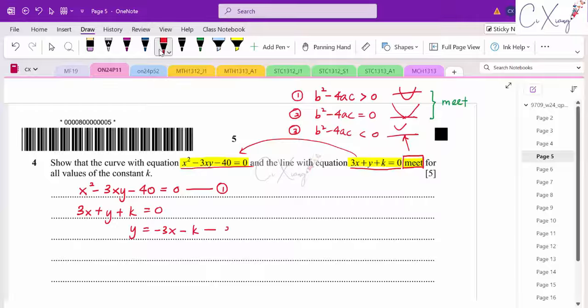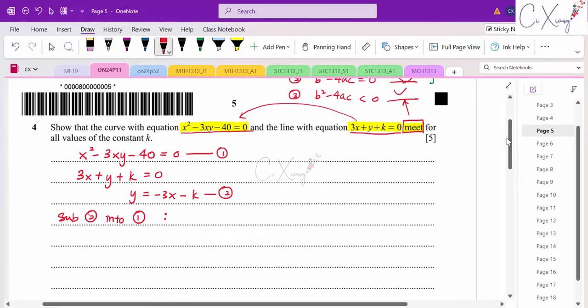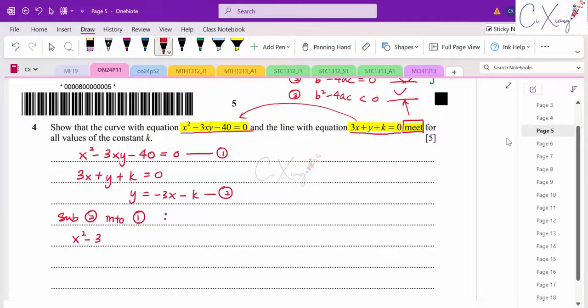Okay, so this is my second equation here, and I will substitute the second equation into the first one. Okay, so when I substitute the second equation into the first one, this is what I will get. So I'm having x squared minus 3x, then y is negative 3x minus k, minus 40 equals to 0.